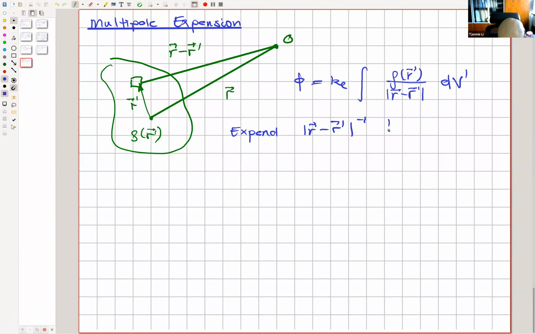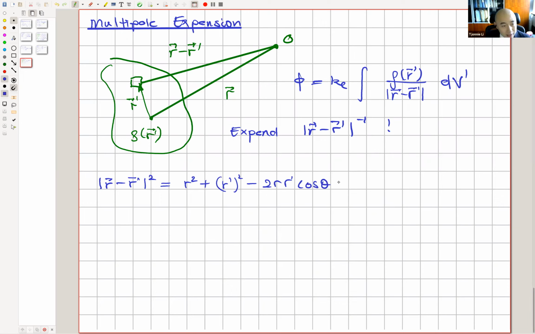We can do this as follows. Imagine I've got r minus r prime squared. Using the rule of cosines, I get r squared plus r prime squared minus 2 r r prime cosine theta.